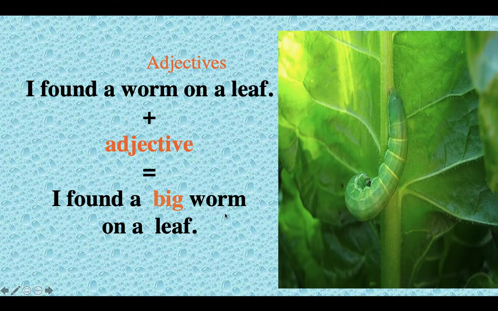You can even say a big green worm or a big green wiggly worm. So big, green, wiggly, these are all the words that describe the noun worm. So these are all adjectives.